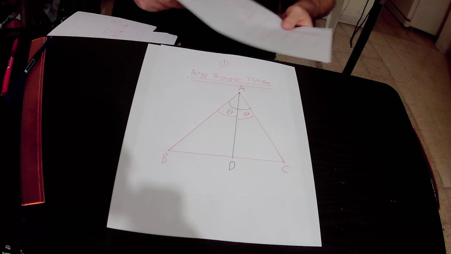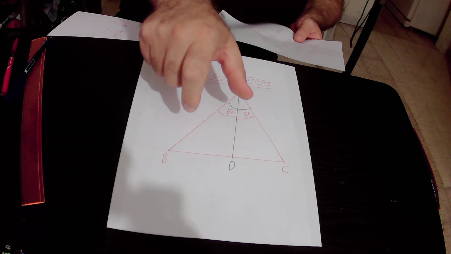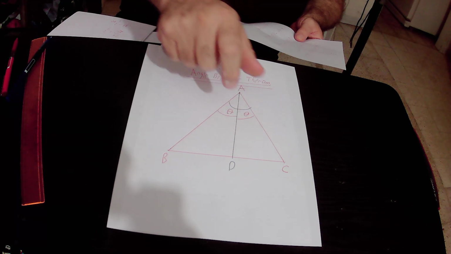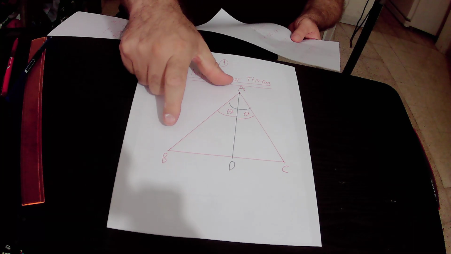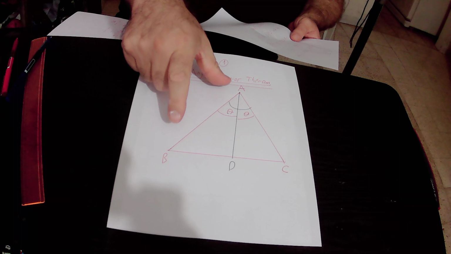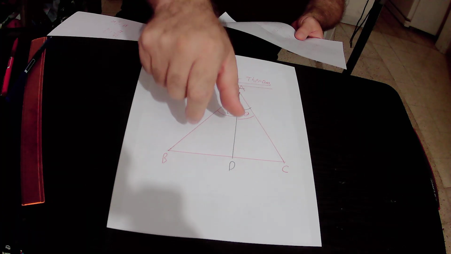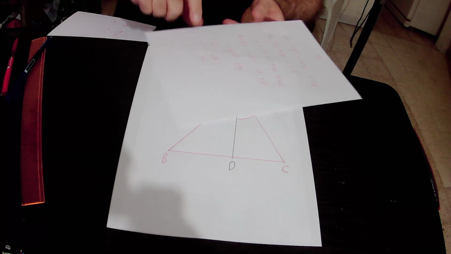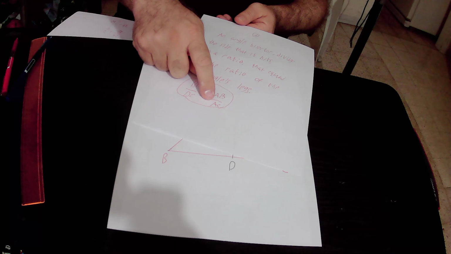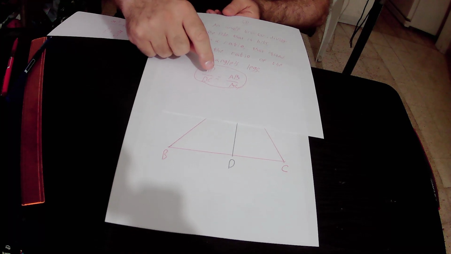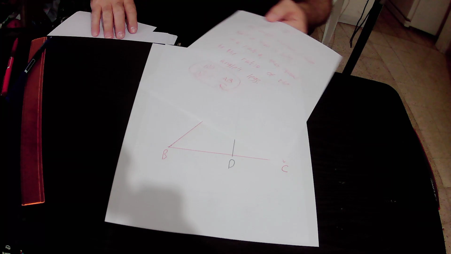So the ratio that AD divides BC, that is to say BD over DC, equals the ratio of the angle's legs, AB over AC. Again, BD over DC equals AB over AC, or AB over AC equals BD over DC. Okay.